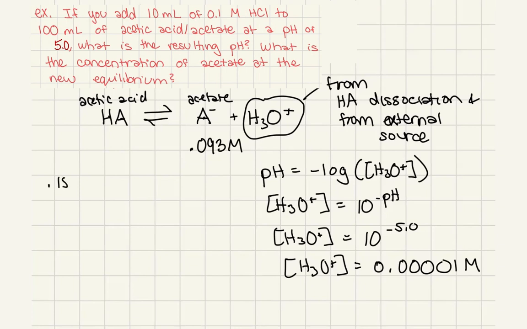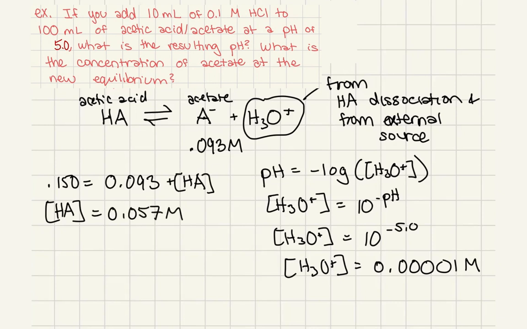So we know that 0.150 equals our acetate, so 0.093, plus whatever our HA is. And so now we can figure out HA. And we get that the concentration of our HA is going to be equal to 0.057 molar.